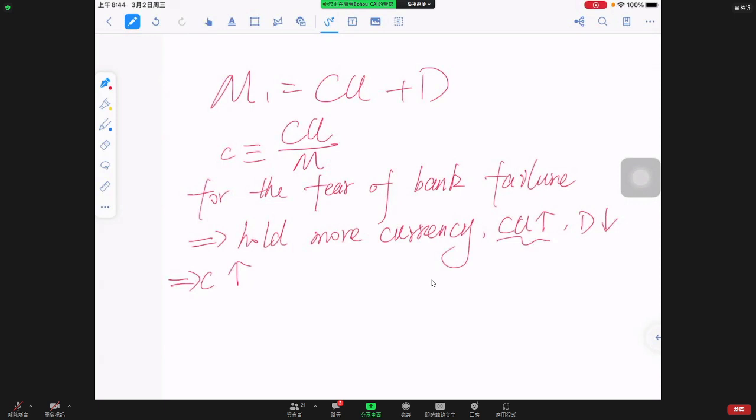Okay, so again, the money multiplier was (1 + C) over (C + θ). This one will decrease with an increase in C. So with a decrease in the money multiplier, then money supply will decrease, right?